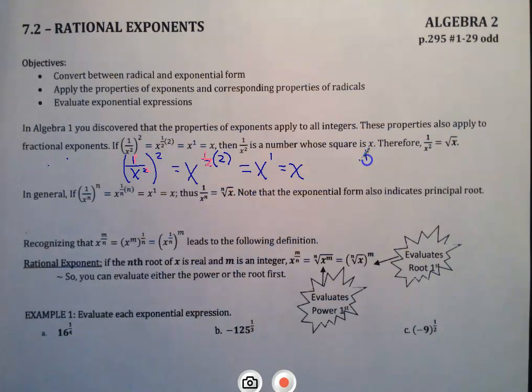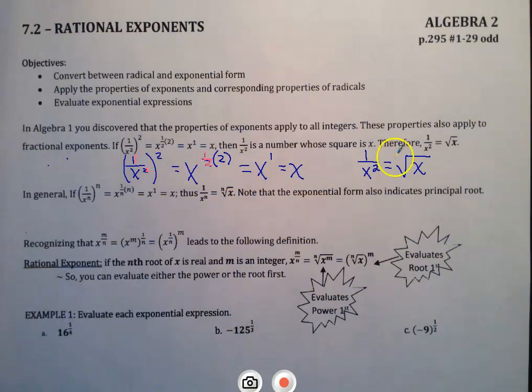Okay, if we have x to the 1/2, that's the same thing as the square root of x. Now, the cool part about this that makes sense, okay, is we don't write in the square root with a radical, we don't write the index, right, the 2.